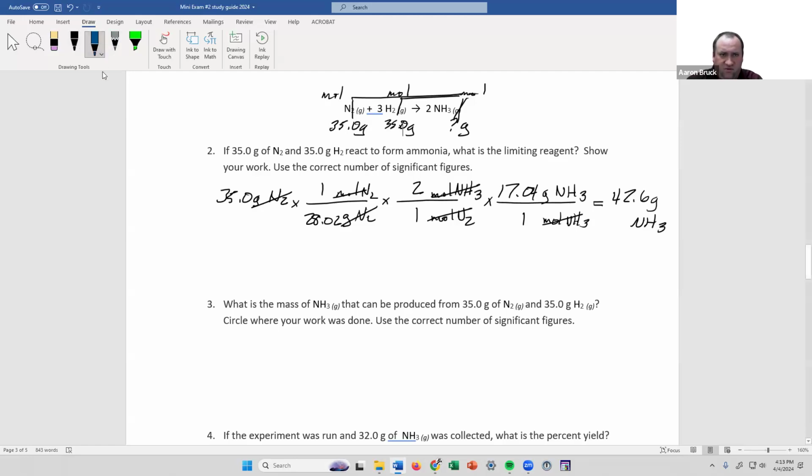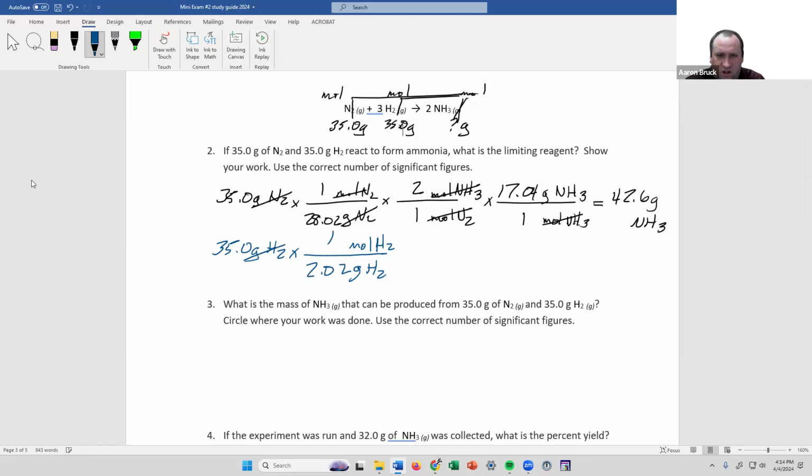So let's calculate that. 35.0 grams of hydrogen. We want to turn the grams of hydrogen into moles. Hydrogen is 1.01 times 2. It's 2.02 grams in 1 mole.